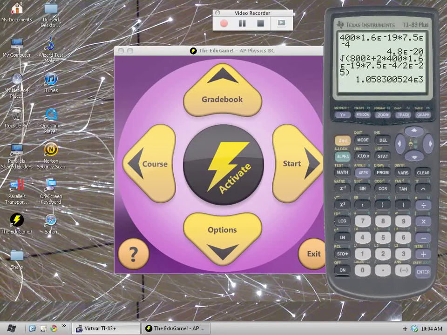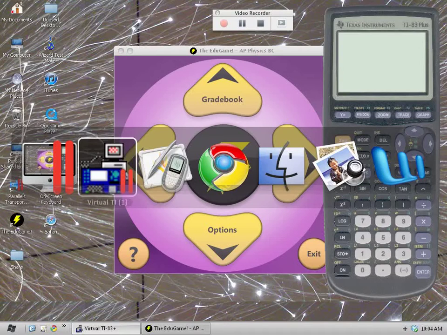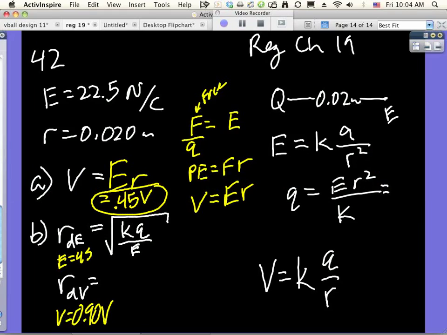What was E? E was 22.5 newtons per coulomb. So we're trying to find Q, so we have to use our original E with our original r squared over k.